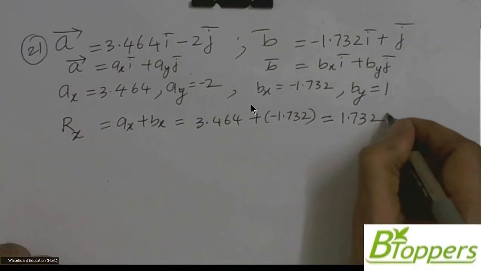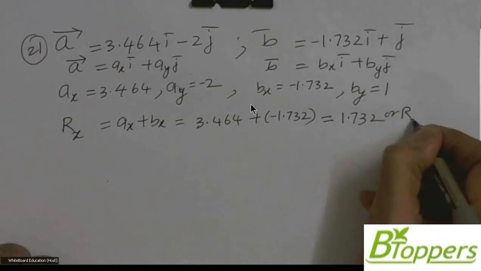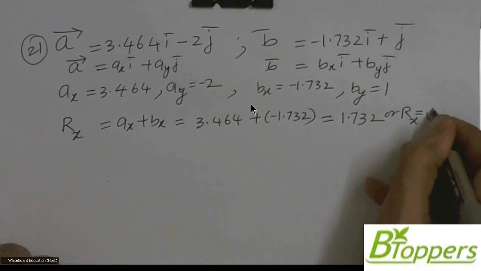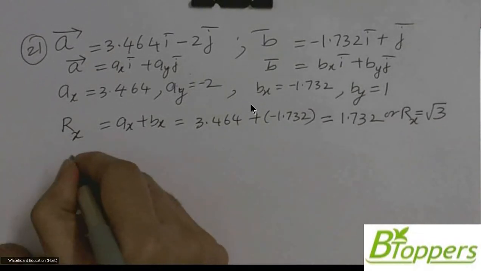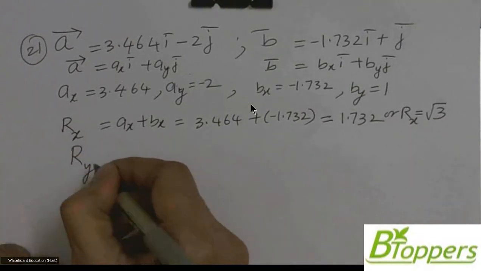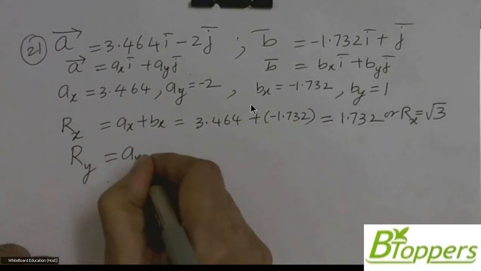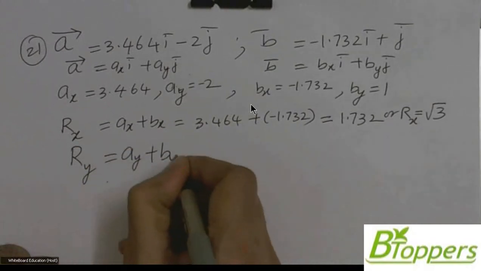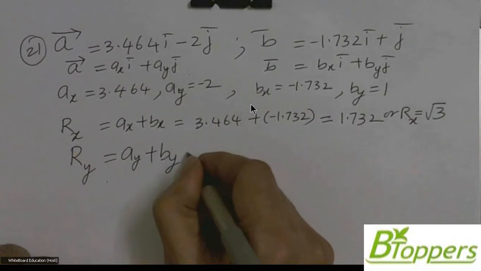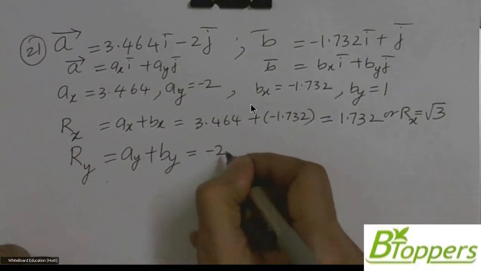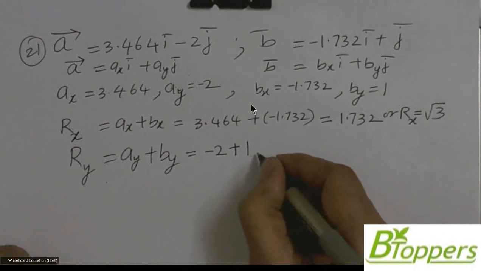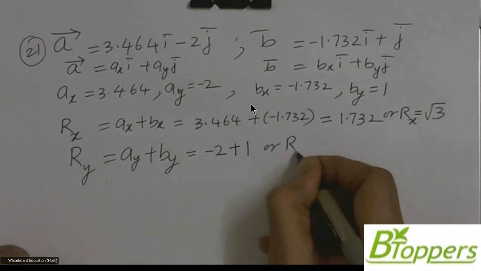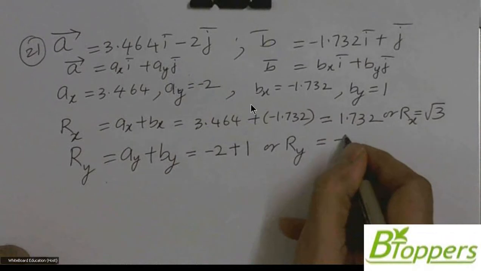That means 1.732 is the value of root 3. So you get Rx equal to root 3. Similarly, you get Ry equal to AY plus BY. Here AY equal to minus 2, BY equal to 1. So you get Ry equal to minus 1.